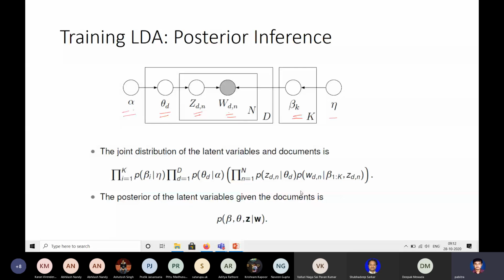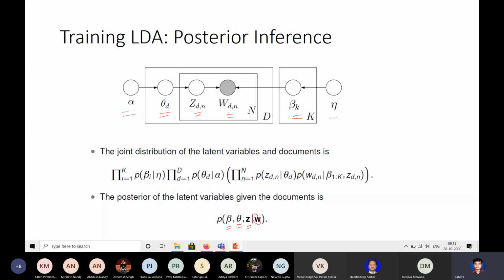From this, using the likelihood you can estimate the joint, but what we are actually interested in is the multinomials, the topic assignment to words given the words.